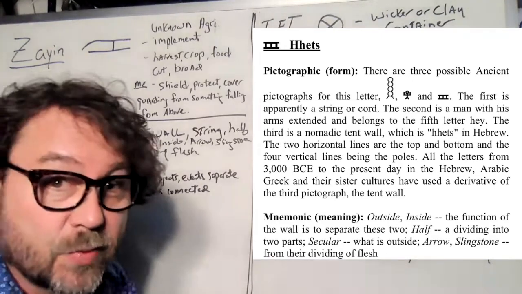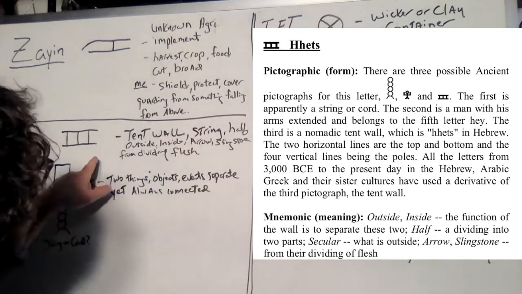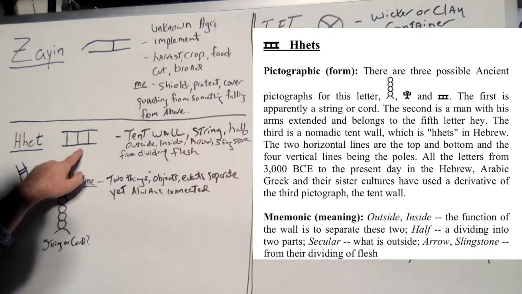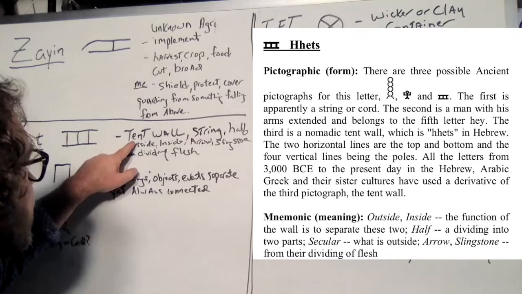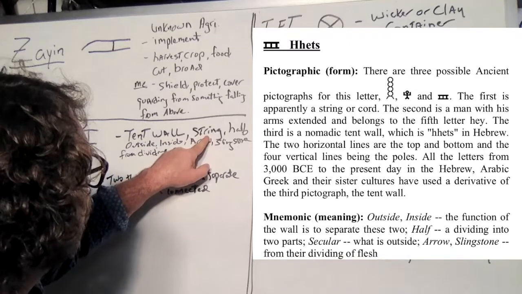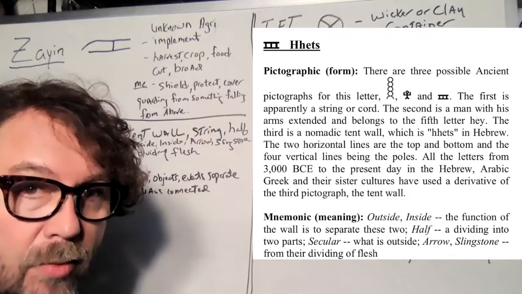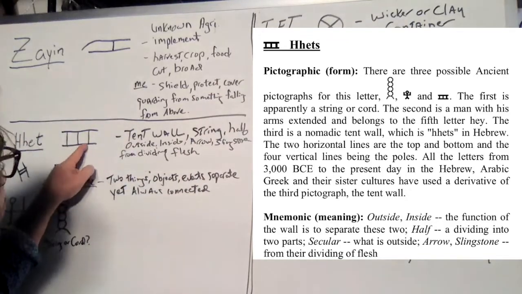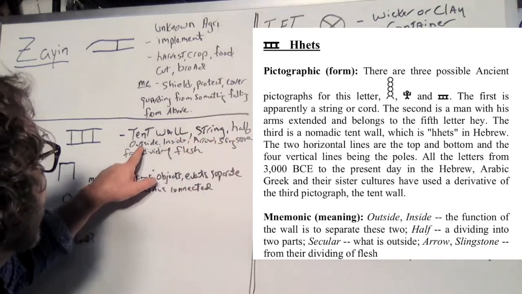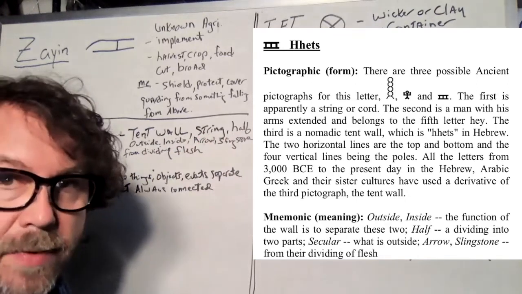And this one right here is really interesting. I was really excited when I saw this one. So this is what the ancient looks like right here, and he has the definitions as tent wall. The reason he says tent wall is because maybe it looks like a tent with separating walls inside the tent. Tent wall, string. Half, because it looks like you're cutting something in half.